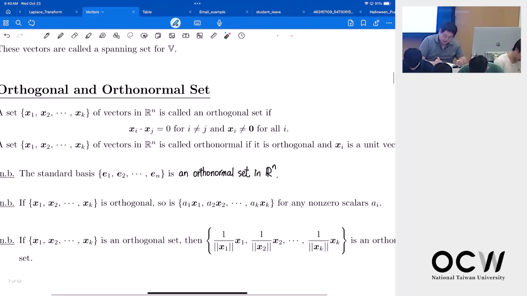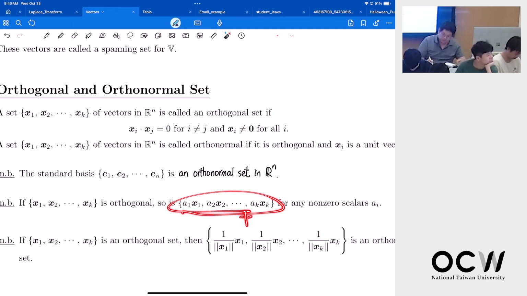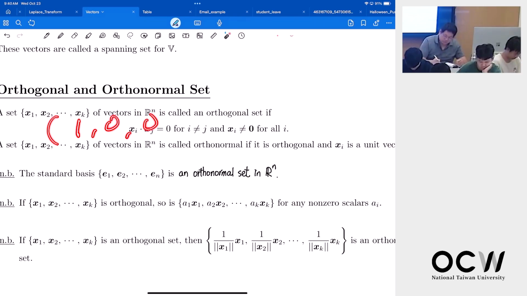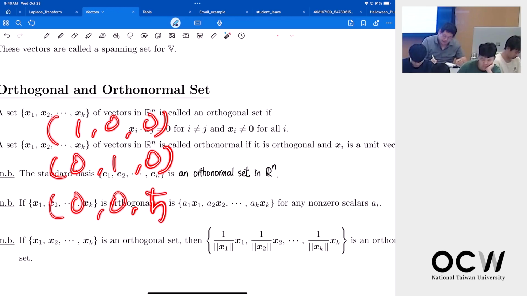Next note, if these k vectors are orthogonal, then I multiply by a scalar a for these vectors, and this scalar is non-zero, this set is also orthogonal. For example, 1, 0, 0; 0, 1, 0; 0, 0, 5. Okay, they are orthogonal, right? But they are not orthonormal because the norm of this vector is not 1.